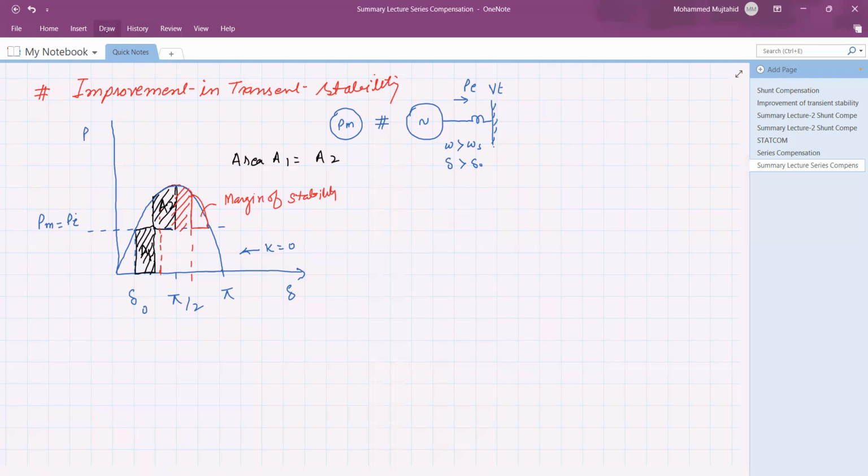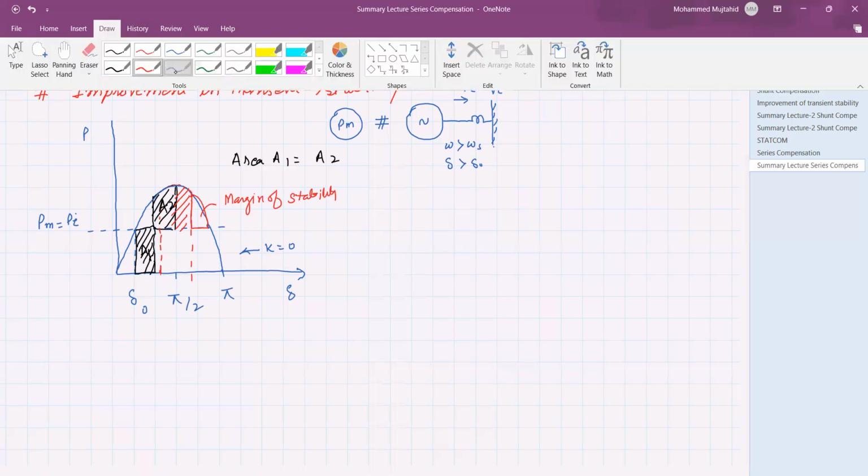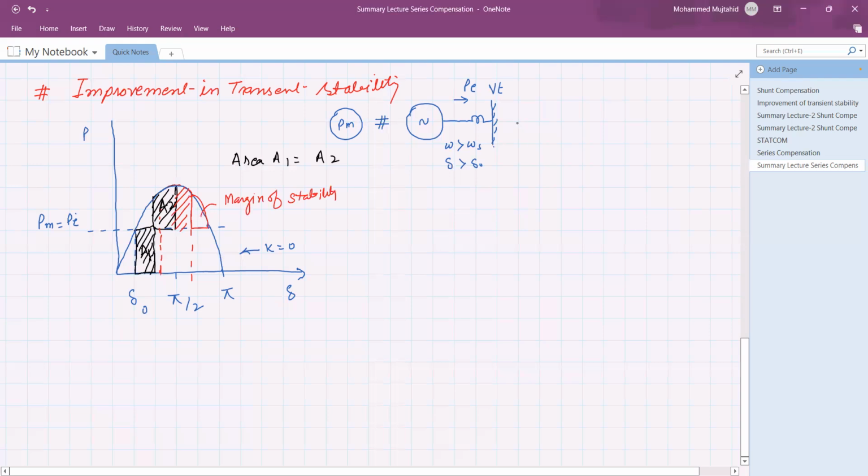Now we will take the same P-delta curve with some degree of compensation. So same diagram. Angle delta, this power is P, and this is pi by 2. This is pi. This is the uncompensated line.